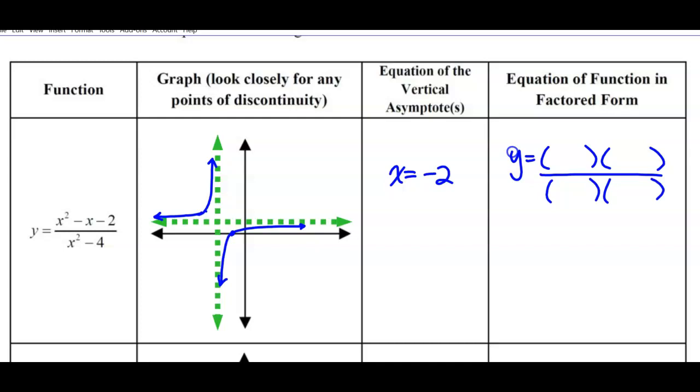Factor the numerator and denominator. It just says the vertical asymptote. It doesn't say horizontal.